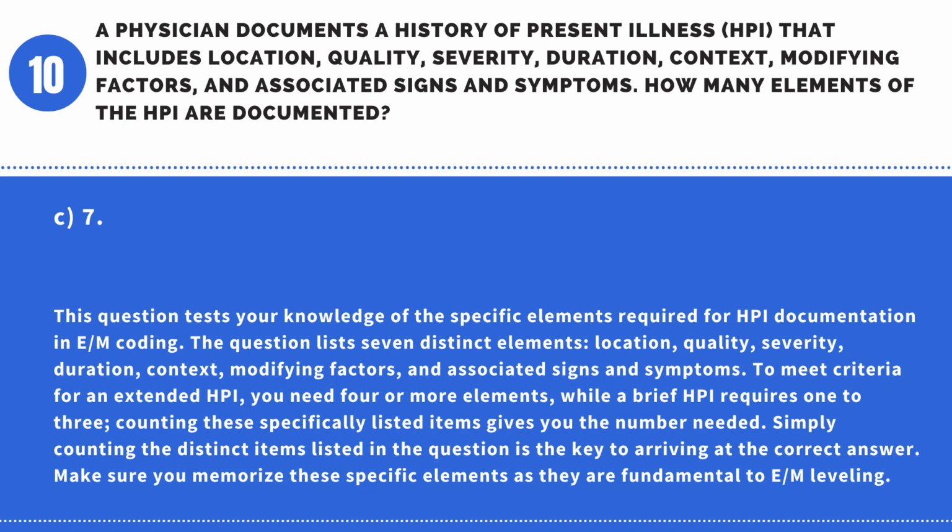To meet criteria for an extended HPI, you need 4 or more elements, while a brief HPI requires 1 to 3. Counting these specifically listed items gives you the number needed. Simply counting the distinct items listed in the question is the key to arriving at the correct answer. Make sure you memorize these specific elements as they are fundamental to E/M leveling.